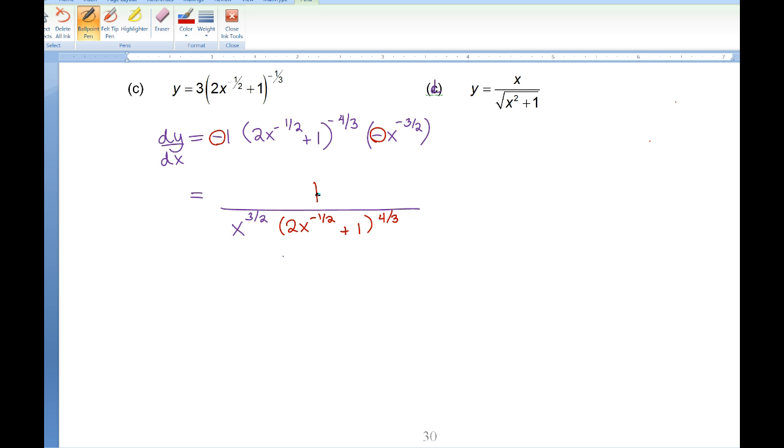Can you move the negative back to the top? Okay, so there's really not a lot that we can do to simplify this because we could rewrite this as an x to the 1/2 in the denominator, but otherwise there's nothing more. Should we be done? Yeah. I would be okay with this.